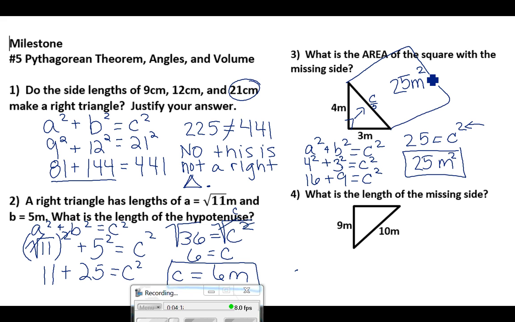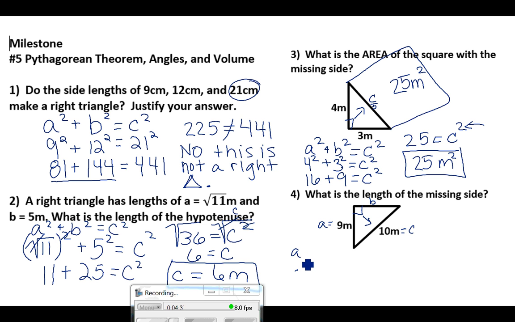Question 4. What is the length of the missing side? So this one's different, but I'm still going to find the right angle, and find c. The 9 can be the a or the b. I will use it as a. So that means we're looking for b.